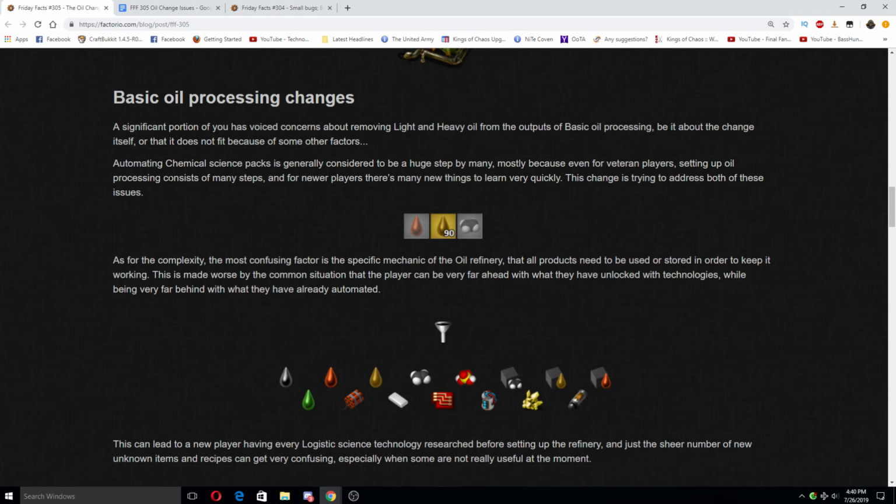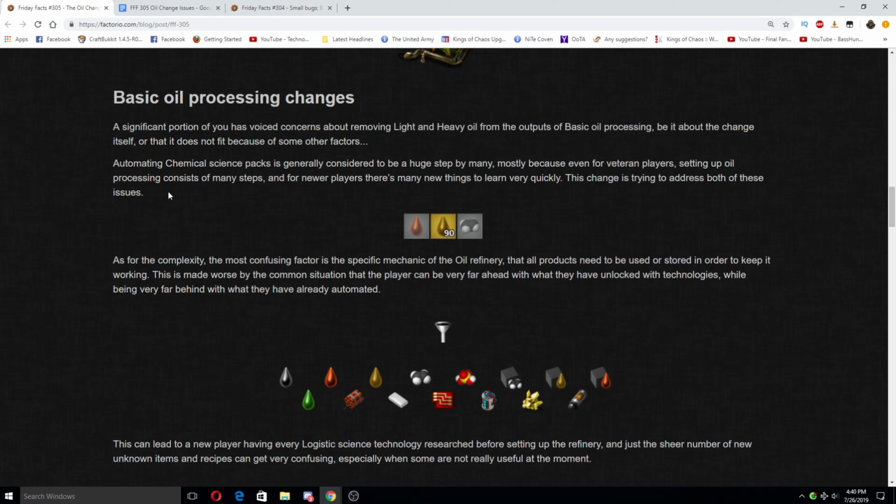And then also, as a new player, comparing my experience with how oil was to how oil would be if they implement these proposed changes, and I play the game as a new player again, I would probably be a lot closer to rage quitting if I had set up my thing with only petroleum and was all set, and then unlocked advanced oil and couldn't use any of the stuff without tearing up my entire refinery setup.